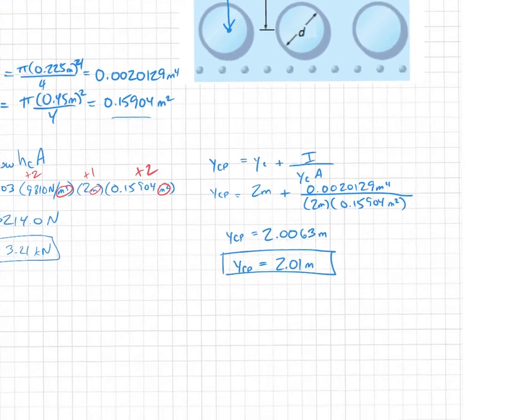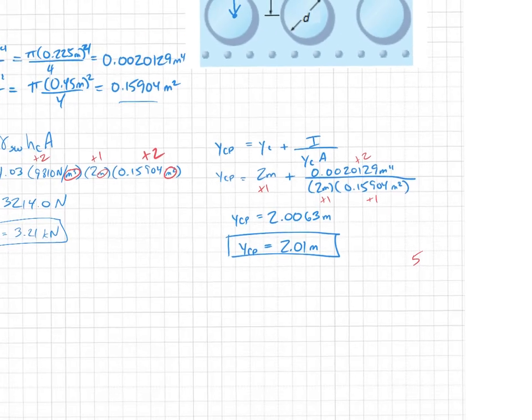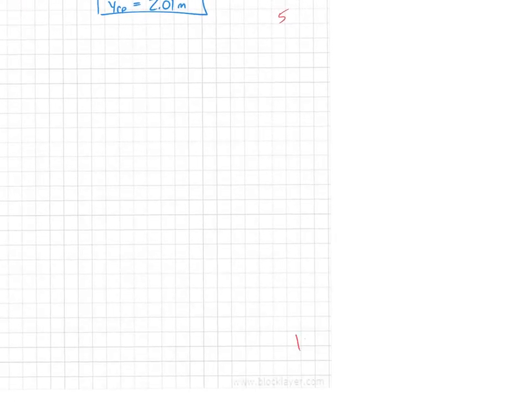Over here, I think we're going to make this worth 1, this worth 2, this worth 1, and this worth 1. So that'll be 5 points right there, 5 points here, 5 points here, for a grand total of 10.